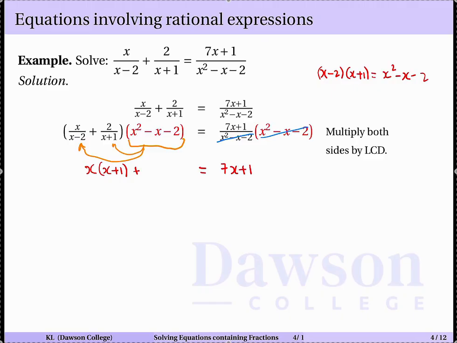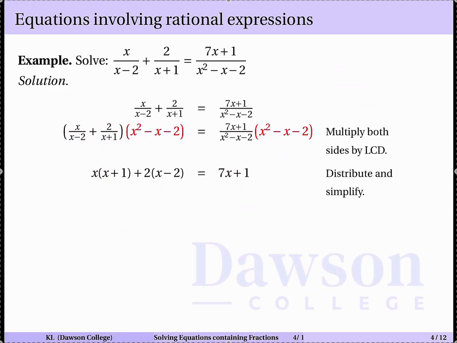And then plus, we got the 2. If we distribute this over this, the denominator has x plus 1. So in this expression, it is the x plus 1 that will be cancelled. So we will end up with 2 times x minus 2. So we have it in this expression.